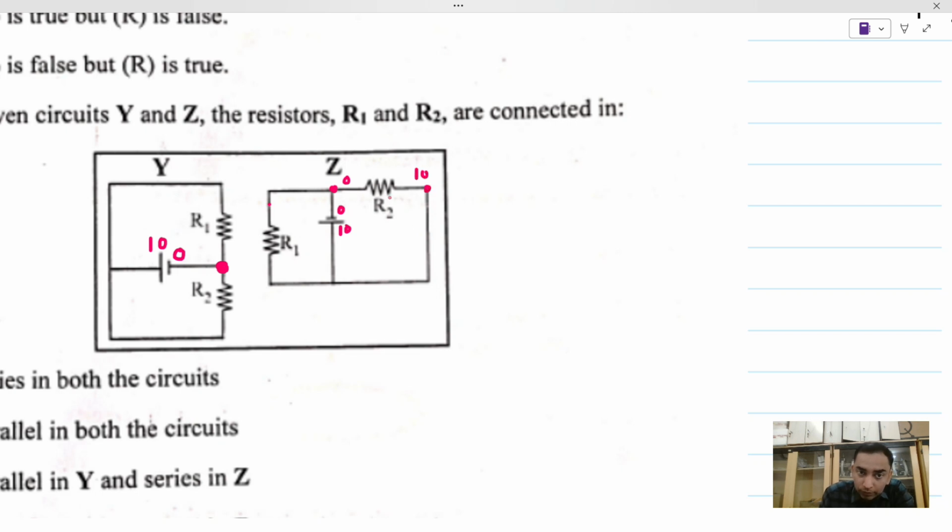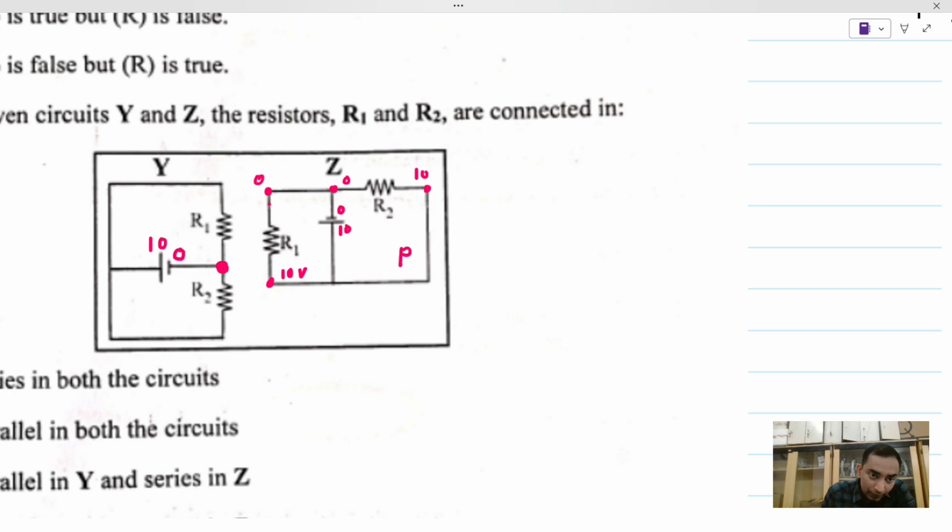So potential difference across this is 10 volt. Since this terminal is at 0, so here also 0. This terminal is at 10, so here also 10. So the potential difference across both the resistances is the same, 10 volts, so it has to be a parallel connection. So this is parallel connection, guys.